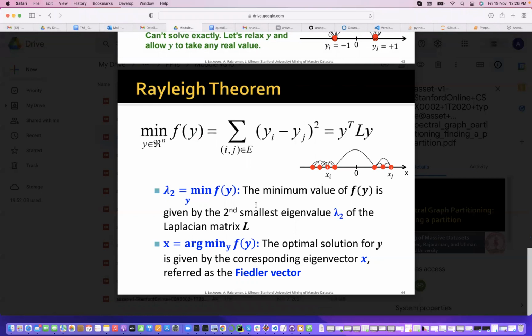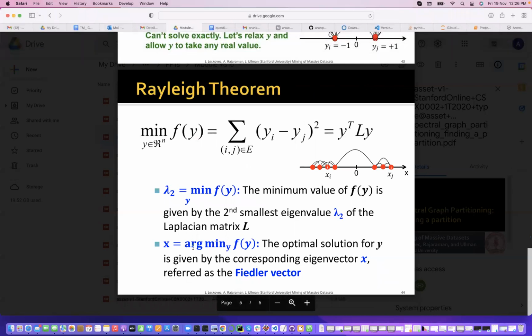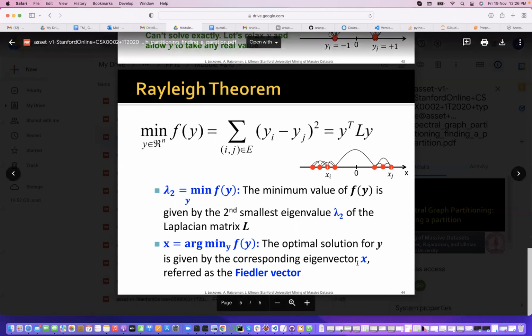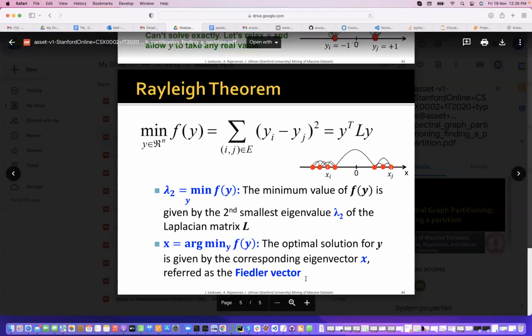So how do you get lambda 2? We have seen how we get lambda 2 from the Laplacian matrix. You need to find that vector x that gives the minimum over all those y's. The optimal solution for y is given by the corresponding eigenvector x, referred to as the Fiedler vector.